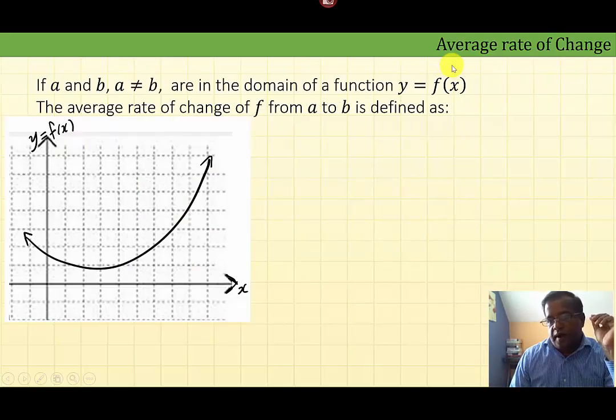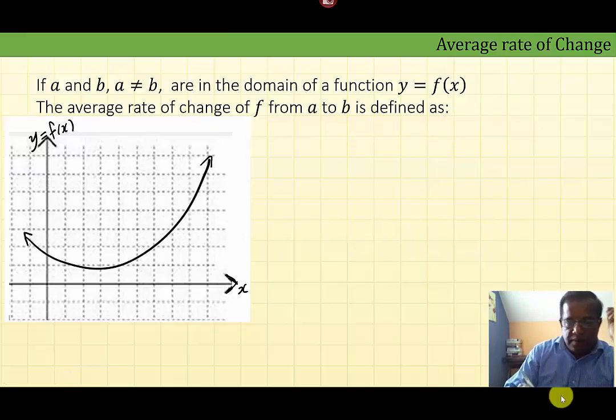Now let's first find the average rate of change. If a and b are in the domain of a function f, the average rate of change of f from a to b is defined as, now we are going to find it actually. So here we have 2 points, a and b, and they are not equal.